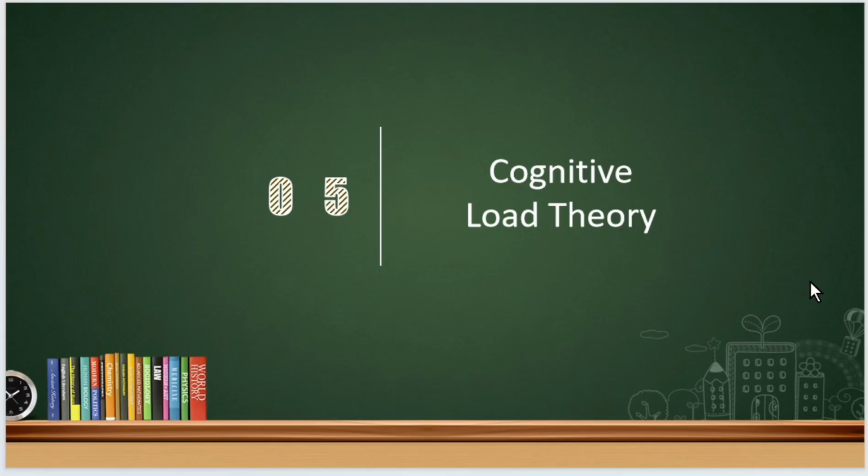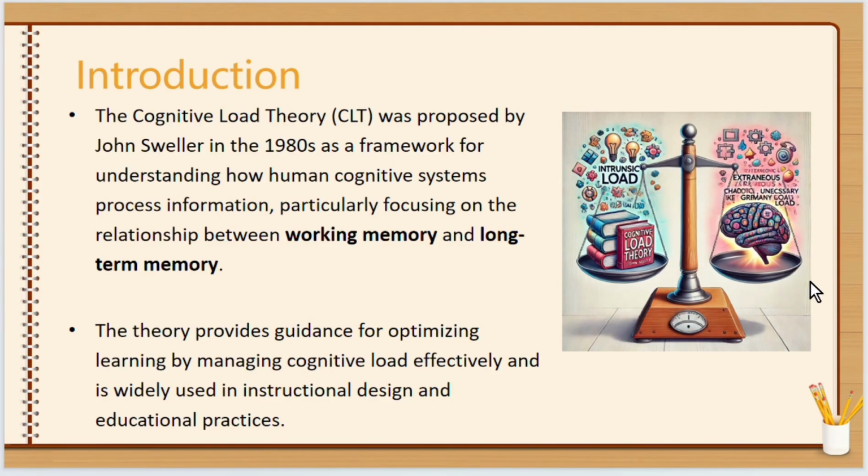Now, let's look at the relationship between the CTML model and another key theory, cognitive load theory, CLT. Cognitive load theory was proposed by John Sweller in the 1980s as a framework for understanding how human cognitive systems process information, particularly focusing on the relationship between working memory and long-term memory.